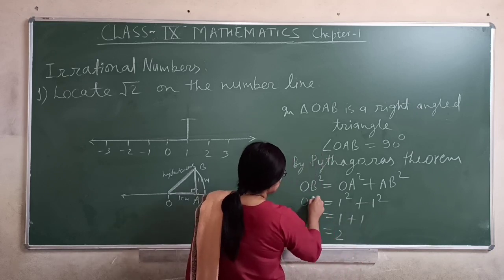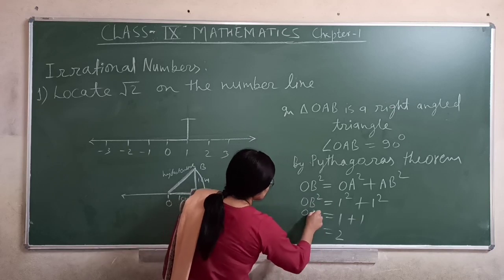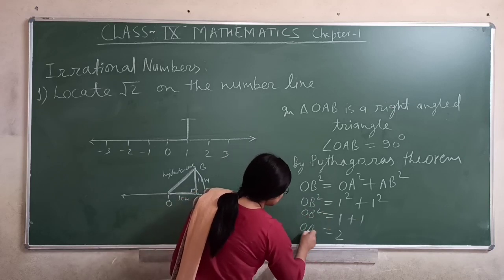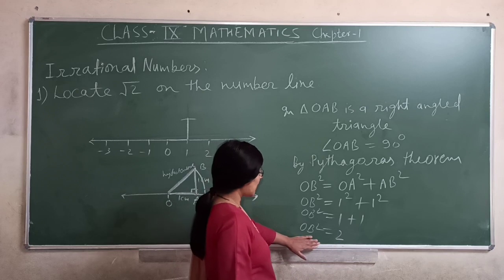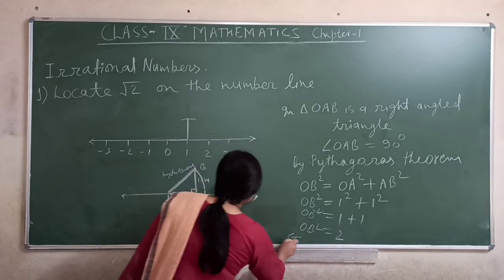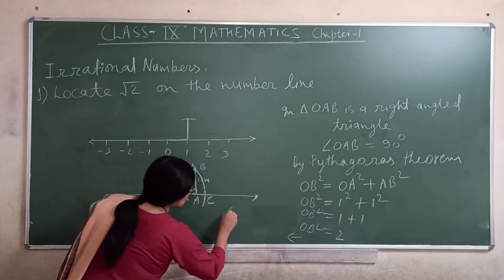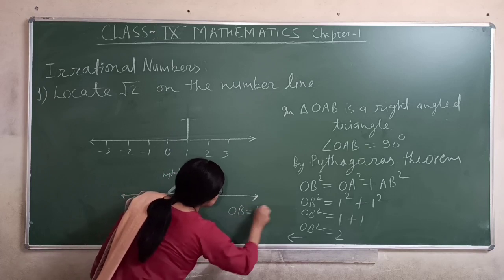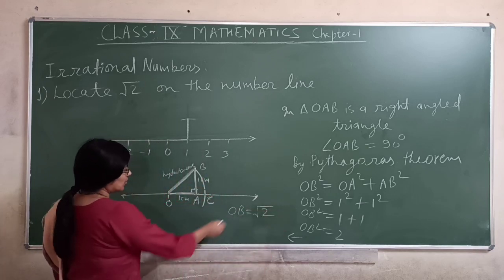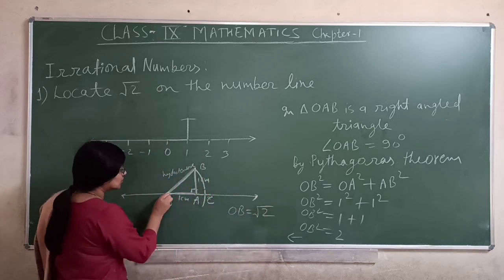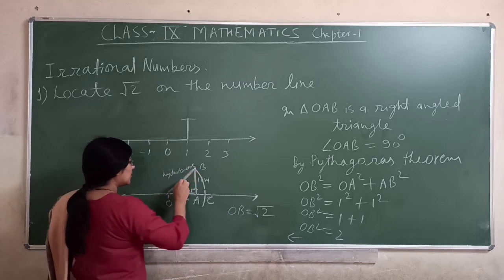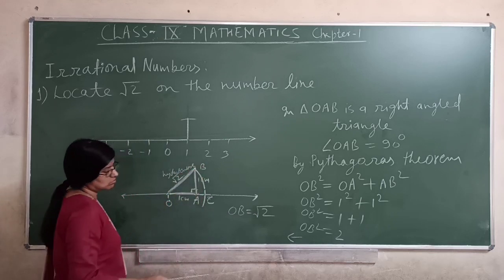And OB square is this value, but we need OB only. So OB equals root 2. You are getting the value of OB. So this is your OB, and the value of this is root 2.